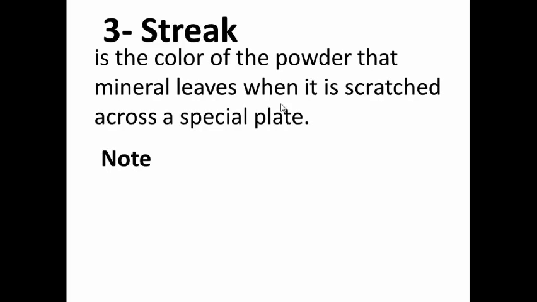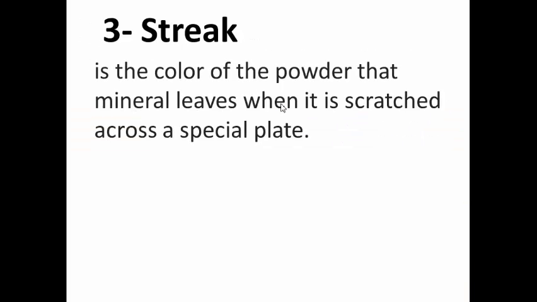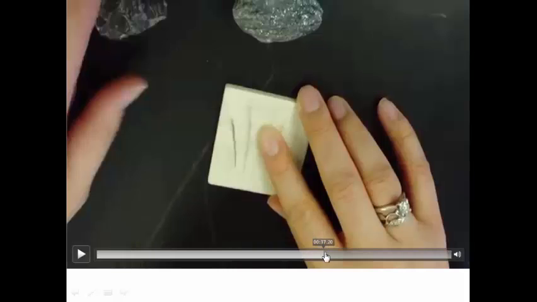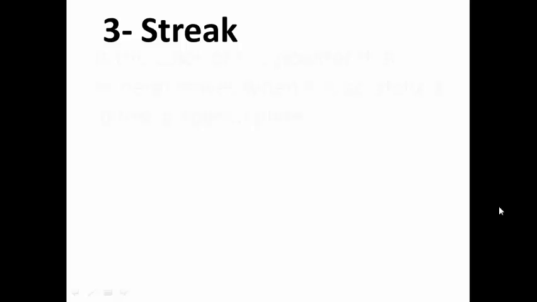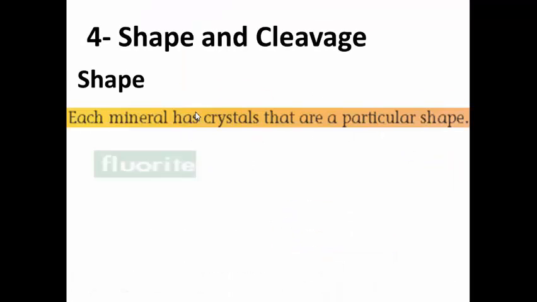If you have a specific plate and you have powder, and we watched a video about it, if you make a streak right here, all of these streaks of powder, this was the streak test. After that we talked about how sometimes the streak is the same color, like gold, or a different color, like the others. We learned that we have shape and cleavage, and we talked about the shape.